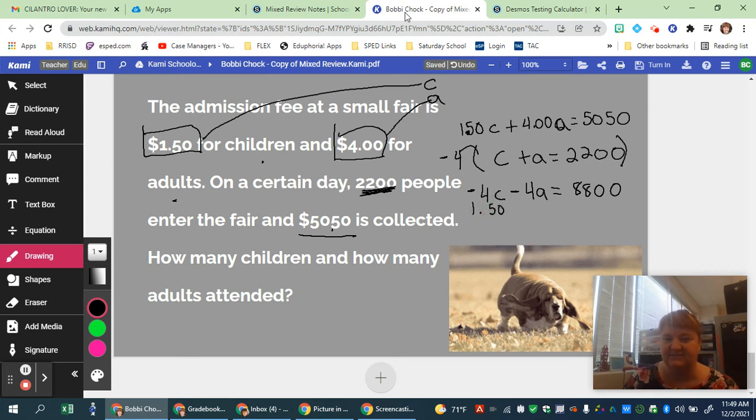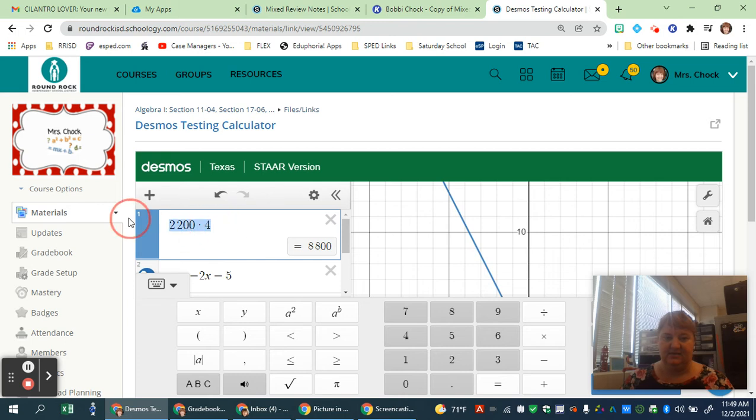$1.50c plus 4a equals 5050. Okay, because I timesed it by a negative 4. Okay, so now we're going to combine these. So negative 4 plus $1.50.